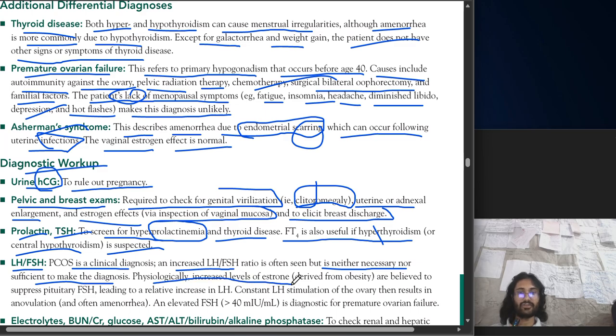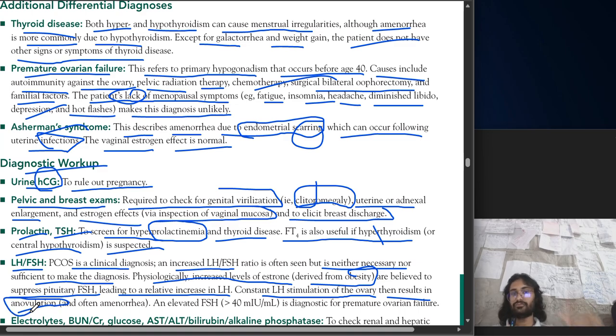Physiologically, increased levels of estrogen derived from obesity are believed to be suppressing the pituitary follicle stimulating hormone, leading to a relative increase in the luteinizing hormone. Constant luteinizing hormone stimulation of the ovary then results in anovulation, meaning the ovum that gets released every month would not be released, and therefore amenorrhea.